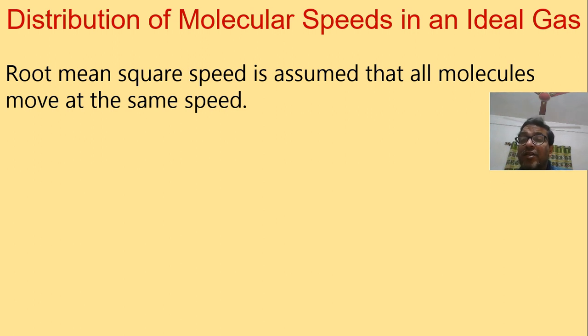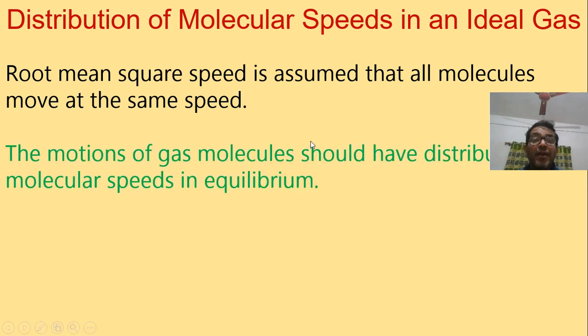I told you the three considerations: one is the root mean square speed, another is the most probable speed, another is the average speed. When we assume that all molecules move at the same speed, then we are considering root mean square speed.